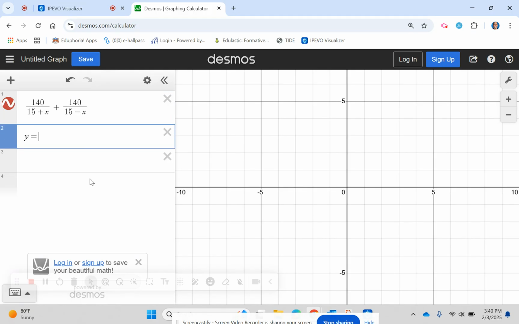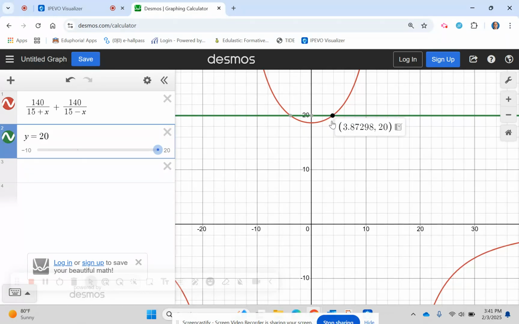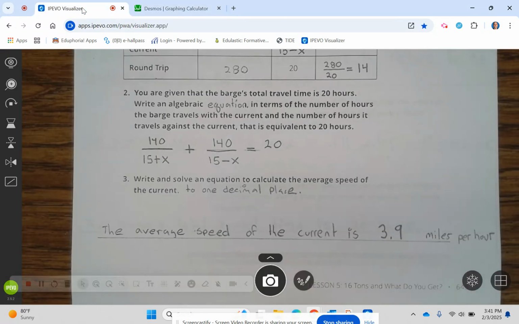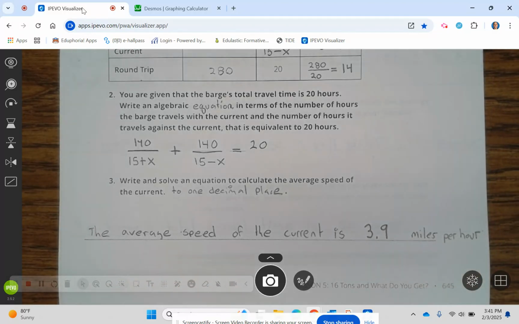And we're going to graph y equals 20. We're going to zoom out. And we're going to round that to 1 decimal place, so 3.9. Okay, so the average speed of the current is 3.9 miles per hour.